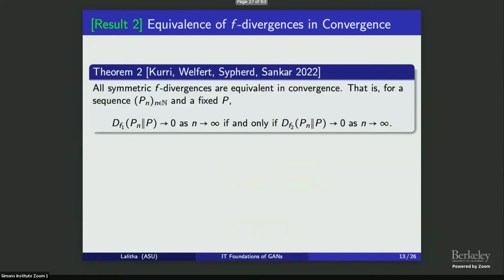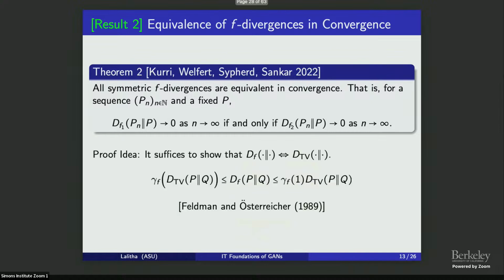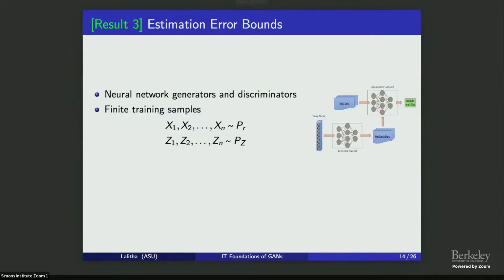Now we can actually generalize this result to say that all symmetric f-divergences are equivalent in convergence. So if you give me the sequence, this is exactly what I've written. And it actually simplifies some of the earlier proofs because it's based on this really cute result by Feldman and Österreicher. It says that any symmetric f-divergence is bounded above and below by functions of the total variation distance. All right, so that is the second result.